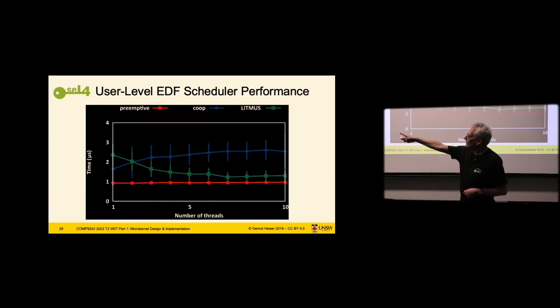The green line is the cost of the scheduling operation in Litmus as a function of the number of threads it's scheduling. You can see it interestingly gets faster with more threads for a bit, for whatever reasons, and then it's sort of constant. And the red line is the user level scheduler implemented on MCS, and you see it's actually faster than the in-kernel scheduler in Linux. So performance seems to be fine.